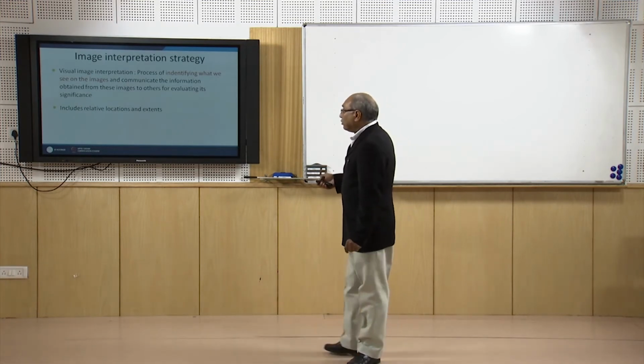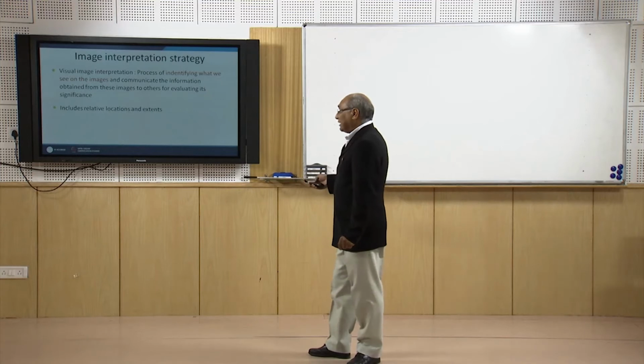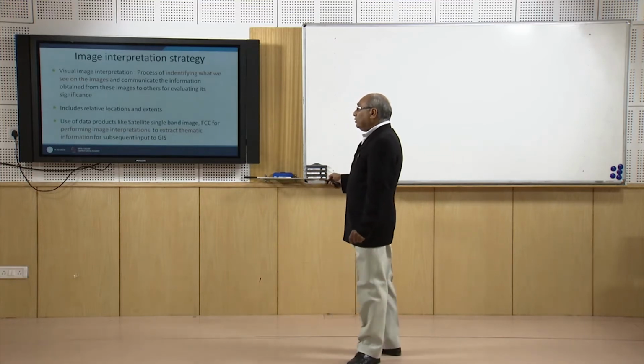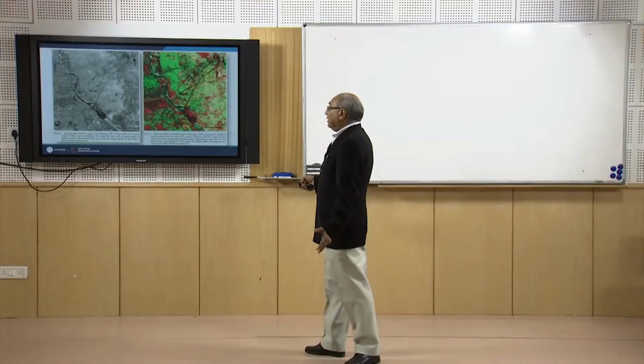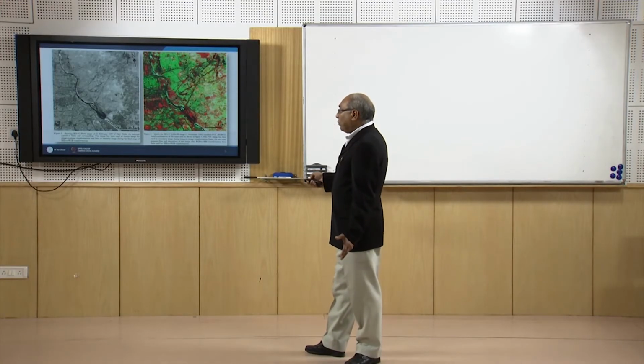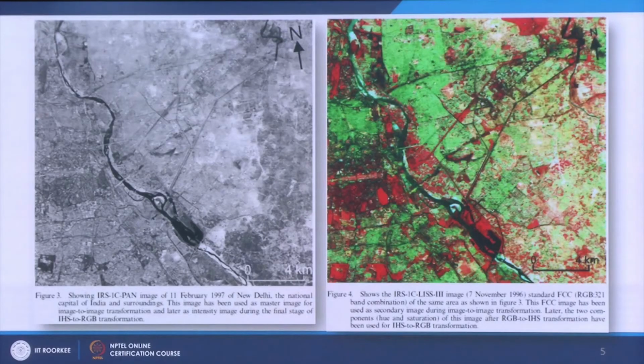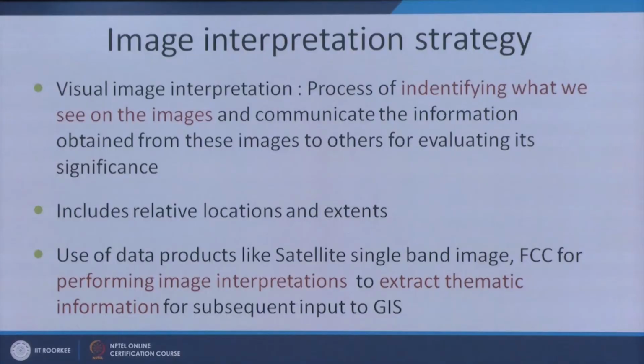This also includes the relative locations and extent of the area, and the use of such satellite products, either a single band, as I have shown in the example of the Delhi area, the panchromatic, or multiple bands, such as a false color composite or true color composite, to extract the information present for subsequent input to the GIS.